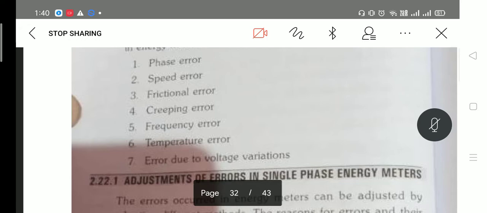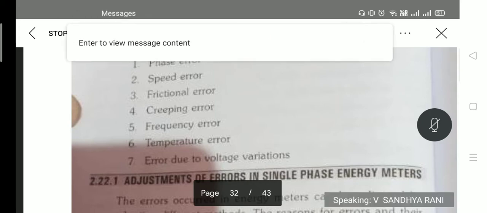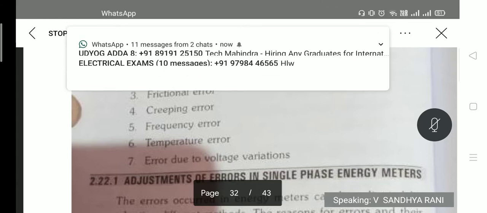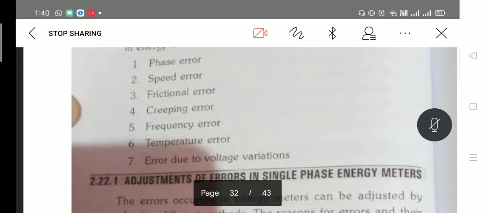These two can only be avoided at manufacturing. The remaining we can adjust in the instrument. Any doubts from these errors?